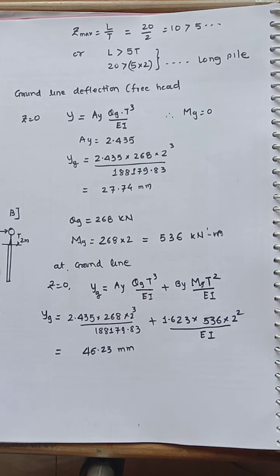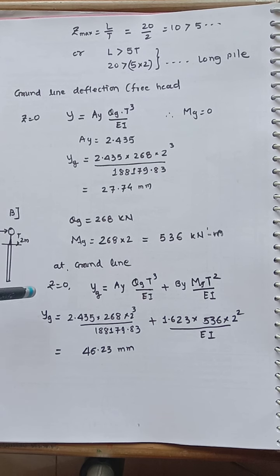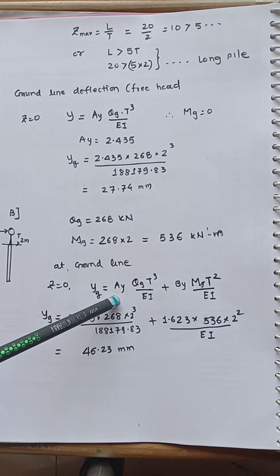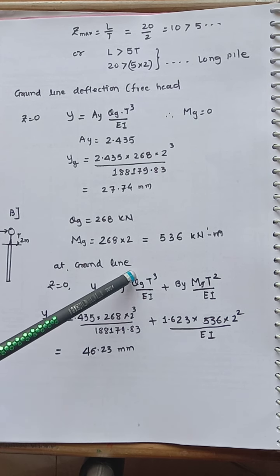Okay, so the moment is calculated. Now substituting in the equation for y at the ground surface, because the deflection is maximum at the ground surface, so at z is 0, we write yg, that is Ay in terms of Qg and By for Mg.